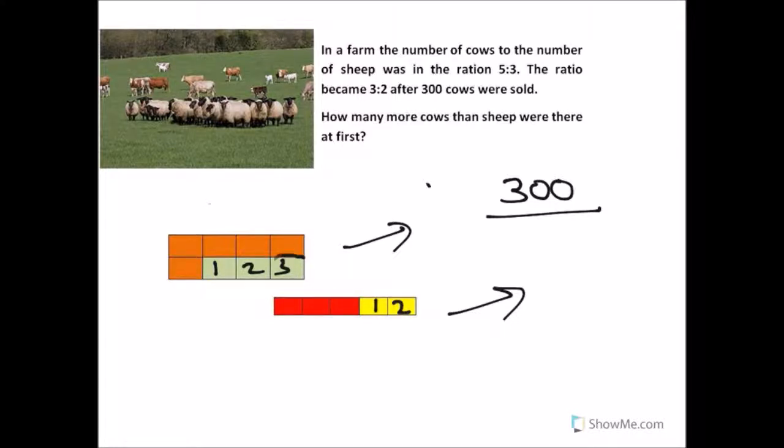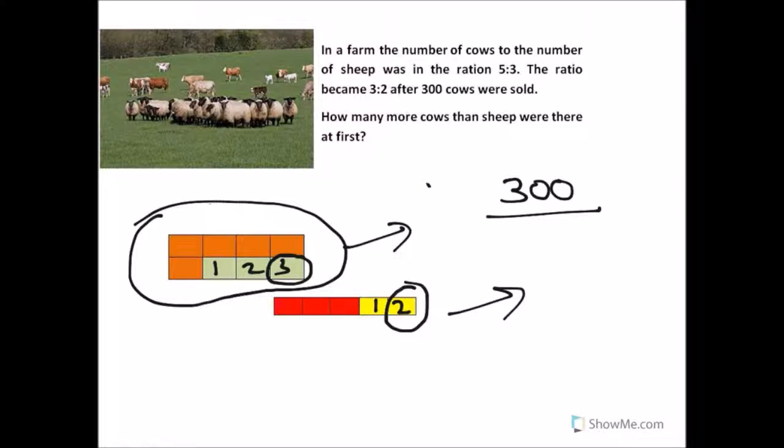Remember, each part here is not equal to the part here. Here they have divided the total animals into 8 parts, and here into just 5 parts. So there cannot be any comparison between the two. With just the two ratios we cannot compare.